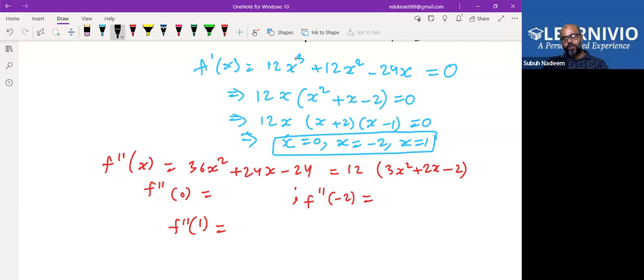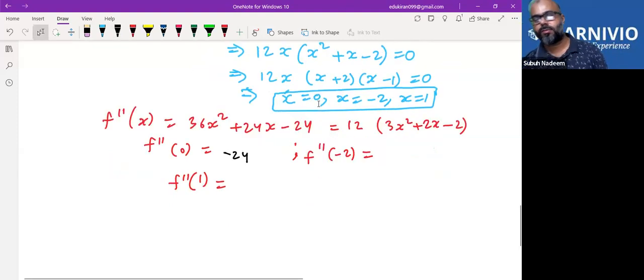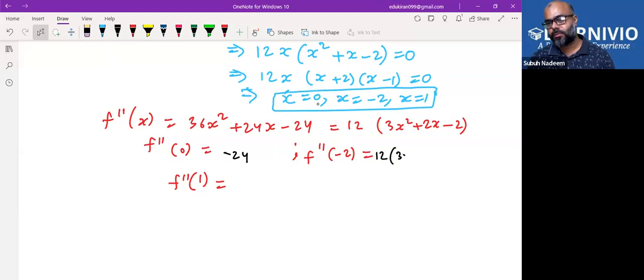What is the value of F double dash 0 if we put it? Minus 24, isn't it? What will come if we put F double dash minus 2? 12 into 3 into 4 minus 2 into 2 minus 2.